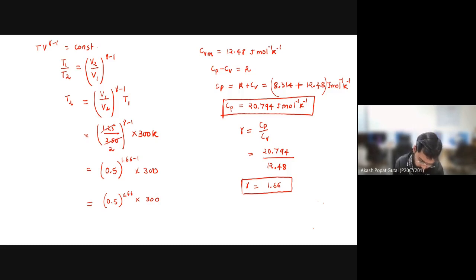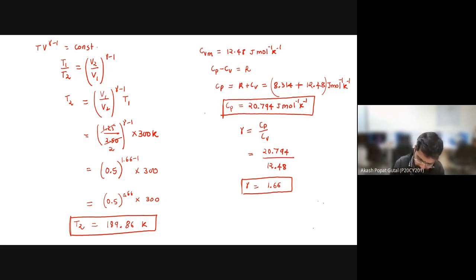So can you calculate the T2? If you calculate this T2 value, it comes out to be 189.986 Kelvin.